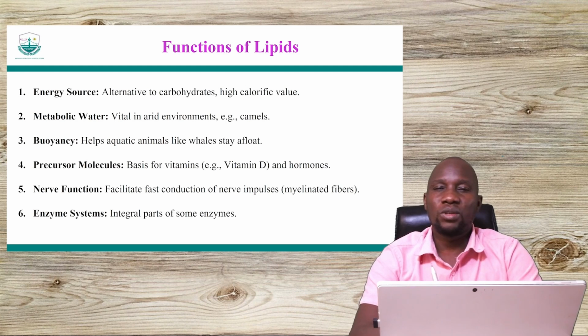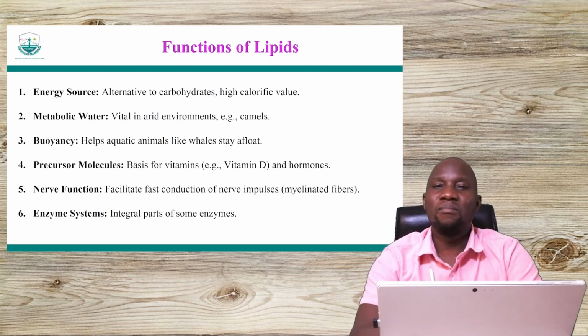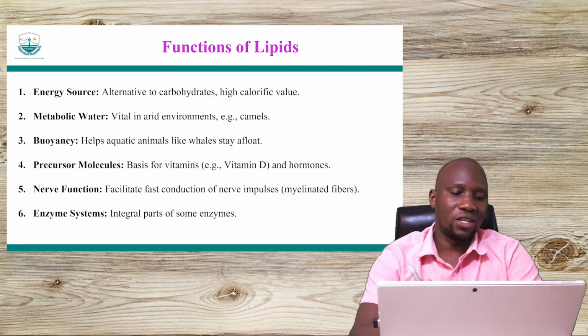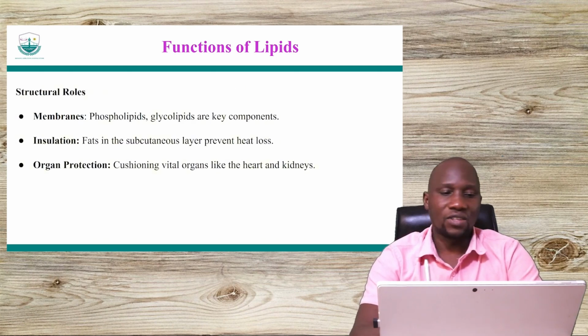Nervous transmission, we already talked about the myelinated fibers. Okay, very important in insulation, but also in transmission of the impulse very, very fast. And then you have some of the lipid components being very important as parts of certain enzymes.